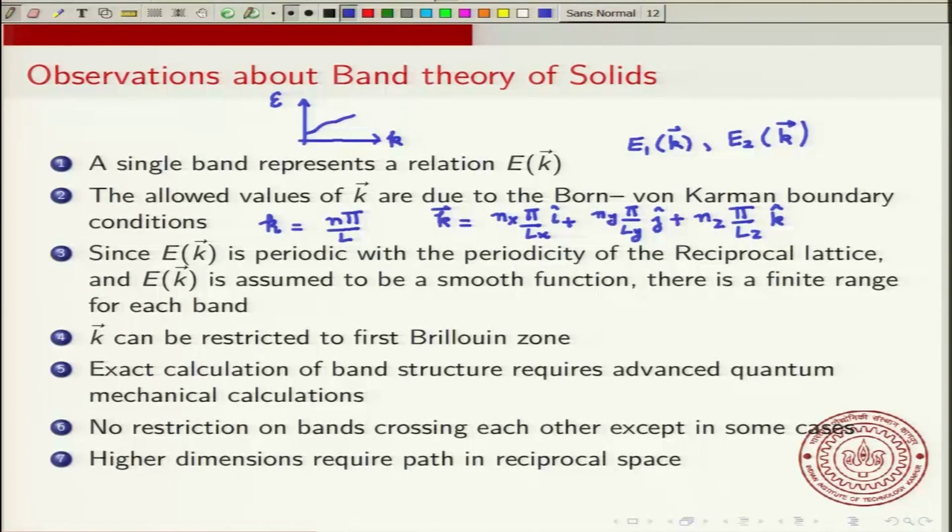Okay. This is the von Karman boundary condition, where Lx, Ly and Lz are the size of the system, and usually Lx, Ly and Lz are very large.